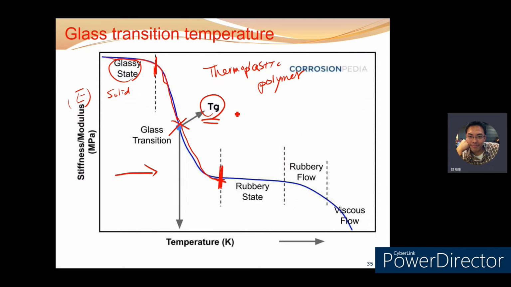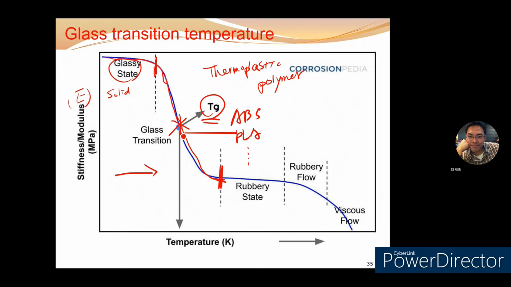You may use ABS or PLA and so on as your 3D printing materials, and the nozzle temperature must be much higher than Tg. Why?